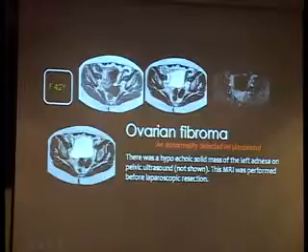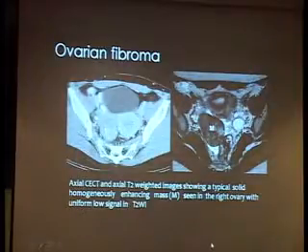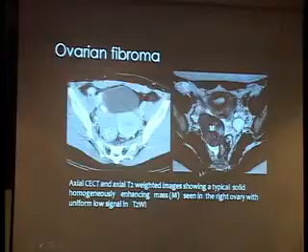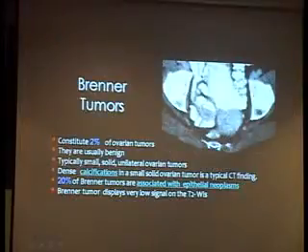The fluid in the bladder is bright, and after contrast enhancement, you can see faint contrast enhancement compared to the pre-contrast image. And this is an ovarian fibroma by CT, and it's a solid lesion which may contain calcium. On MRI, T2 weighted image, the endometrium is bright, and the lesion will appear dark.